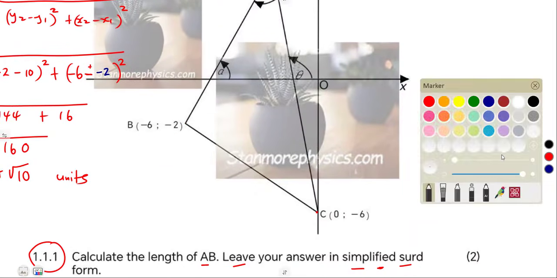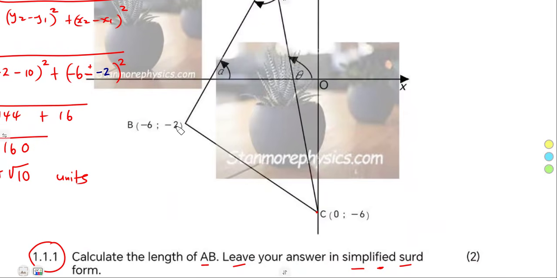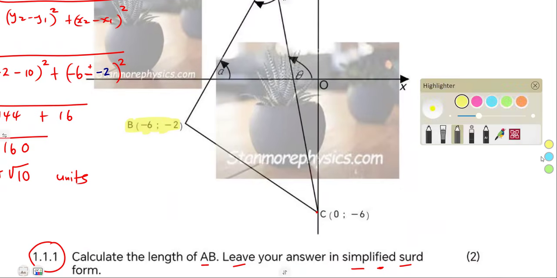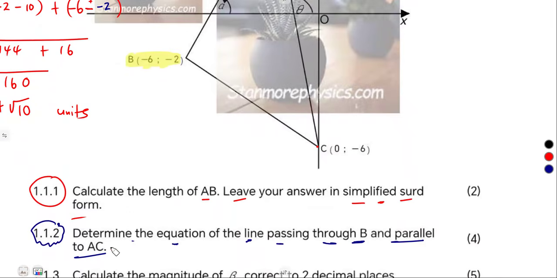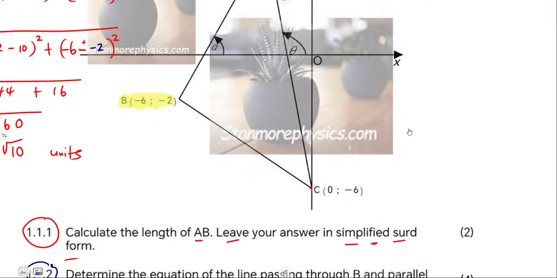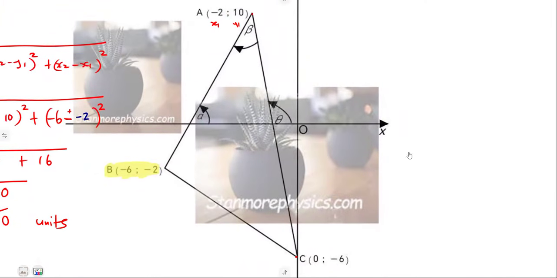We are given the point where the line is supposed to pass, the point B, but it is parallel to line AC. This is our line AC. So the line that we are going to have as it passes must be parallel to line AC.